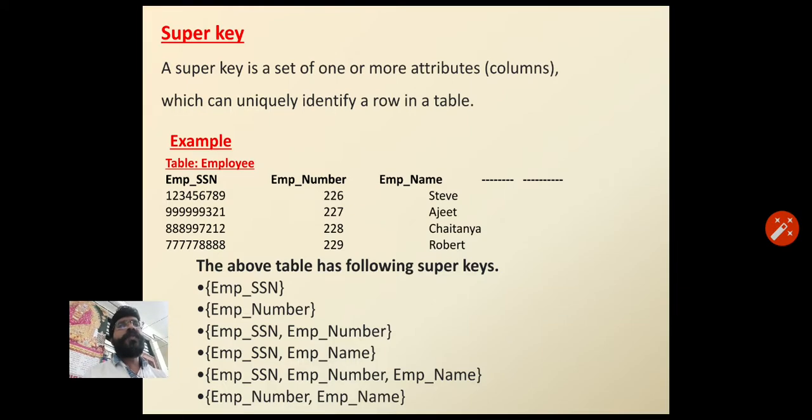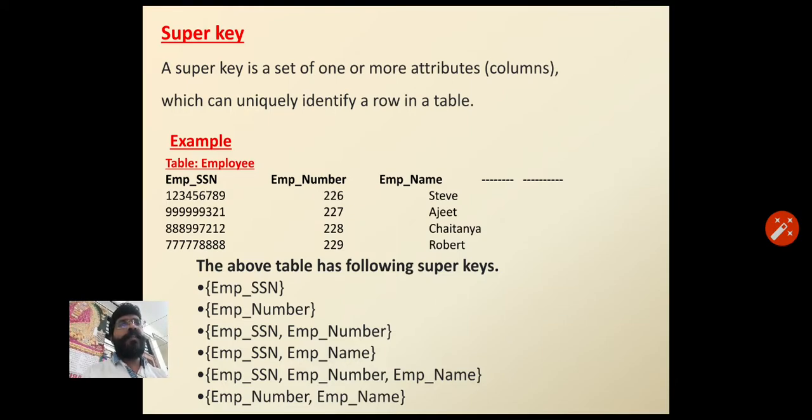So, here SSN number and employee number can be grouped. Yes, SSN number and employee number can be grouped to uniquely identify a row in a table. SSN number and employee name, yes, the combination of SSN number and employee name can uniquely identify.